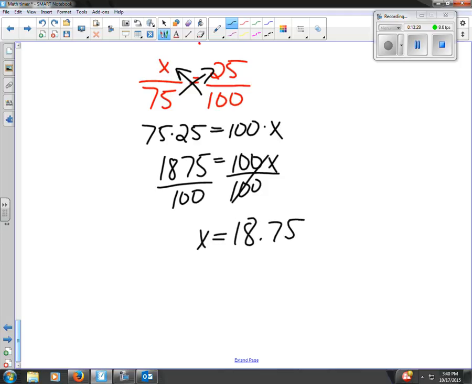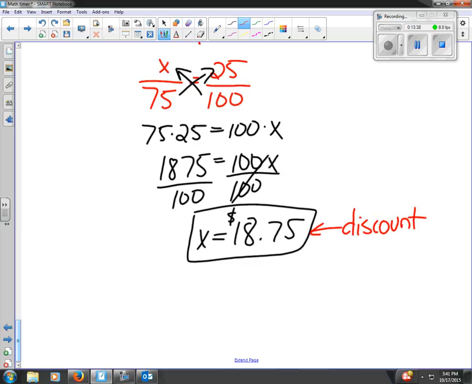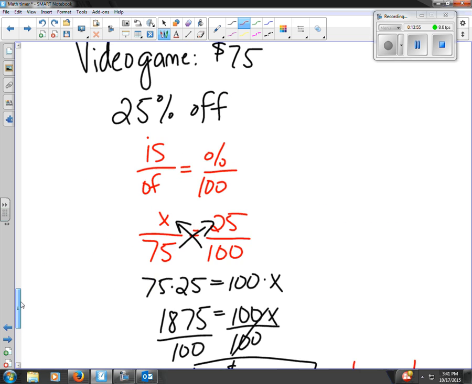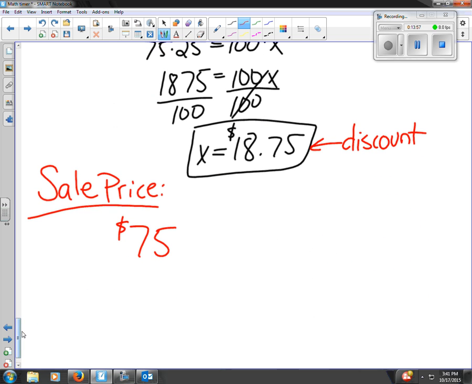So $18.75. Now, we're not done yet. That is the discount. When it says you get 25% off, that's the discount right there, $18.75. The sale price, remember we're looking for the sale price, is then you take the $75, that's how much the video game cost, what we started out with, and you subtract your $18.75 because that's the discount.